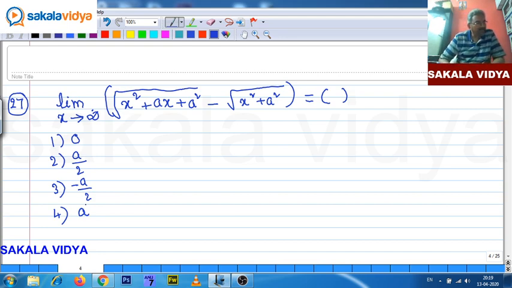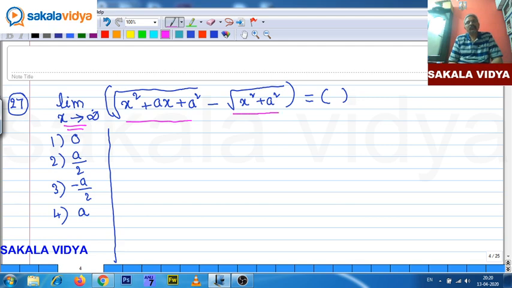By differentiating numerator and denominator, we can get the answer. Yes, you can apply L'Hospital's rule, no problem, Venkateshwarlu. You can do it. Right. So now, limit x extends to infinity, root of x square plus ax plus a square minus root of x square plus a square is equal to.